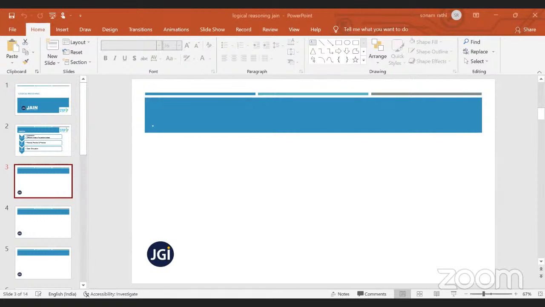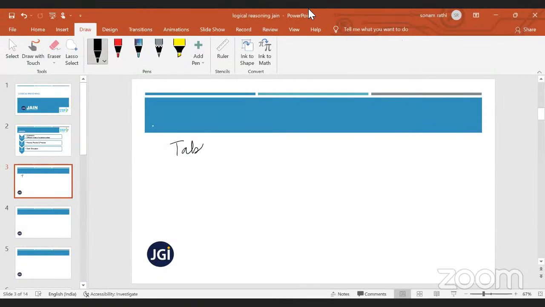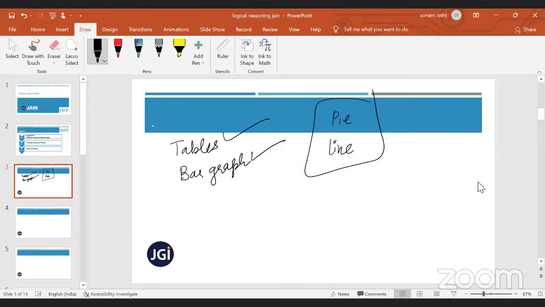We have completed tables and bar graph, right? We have done questions on tables and bar graphs also. And today we will do pie chart and line. Okay.